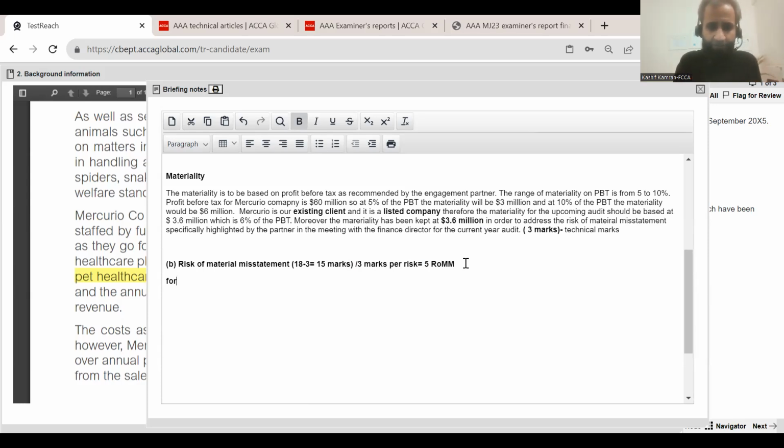So for example, just to save my time, when you read the case, you found some risks with different monetary values given.